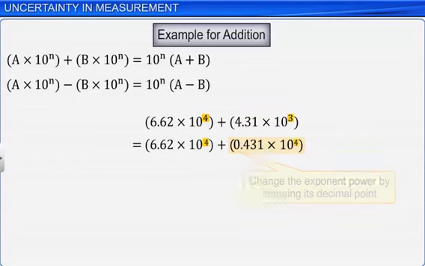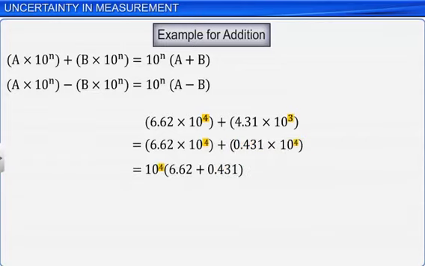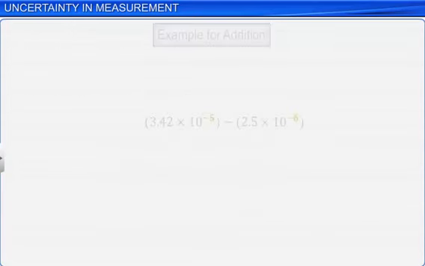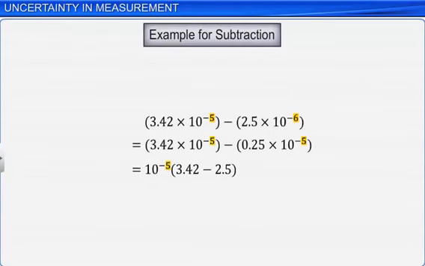Now, after taking the exponential factor in common, we add both the coefficients and obtain the result as 7.051 multiplied by 10 raised to the power of 4. The same rule applies to subtraction. The example shown here illustrates the steps to subtract two numbers.